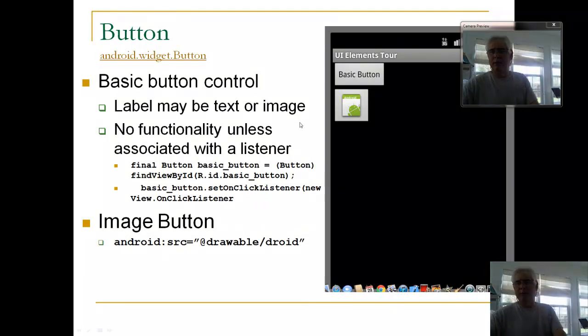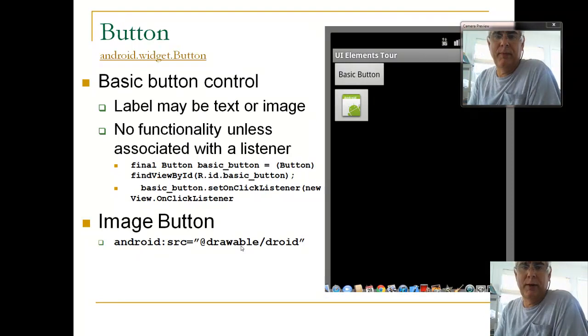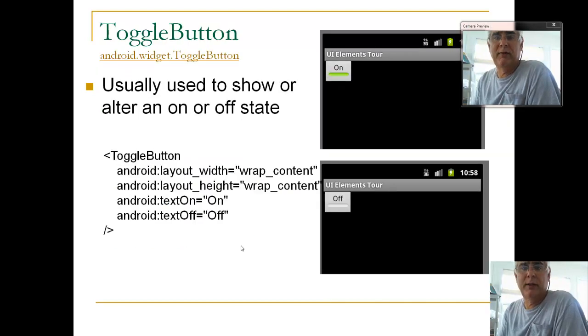Note with the buttons, you can have a text label, you can also have an image label, and with an image label, our images are stored in the resources/drawable folder, and again, don't worry too much about that for the moment. It's something we'll get to in subsequent weeks. But buttons, you'll learn how to put buttons into your layout files, and how to wire them up with listeners. That'll be next week's activity.